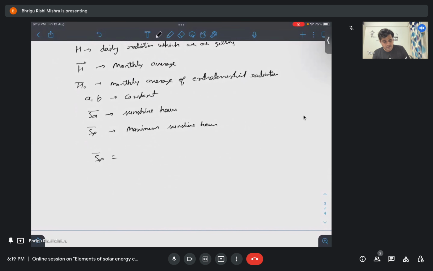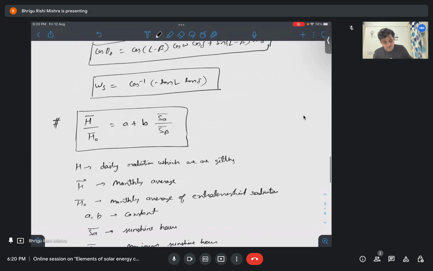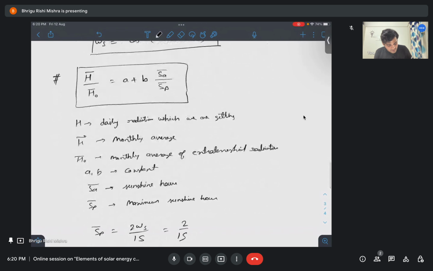So total it is 2 omega s, and since we need sunshine hours in hours and omega is in degrees, we need to convert from degree to hours. So it is nothing but 2 omega s by 15. 2 omega s means from sunrise to sunset, and by 15 since 15 degrees is equivalent to 1 hour. It can also be written as 2 by 15 times cos inverse of minus tan L tan delta.